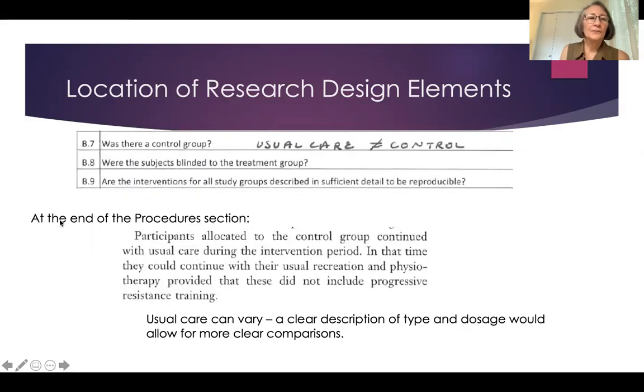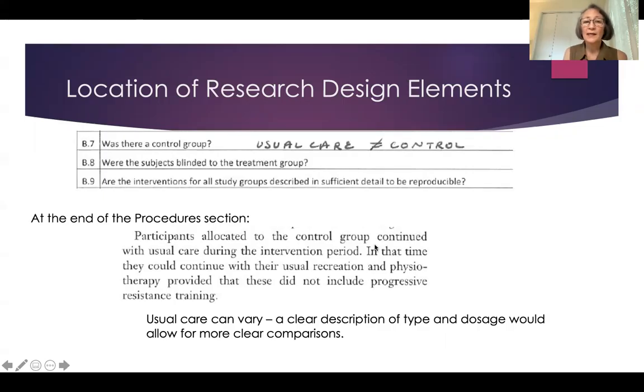For B7, was there a control group? And they describe usual care, which we don't necessarily consider a true control group. A true control group would get no care at all for the time of the study. Usual care would need to be described very clearly in terms of the type and dosage to allow for more clear comparisons.